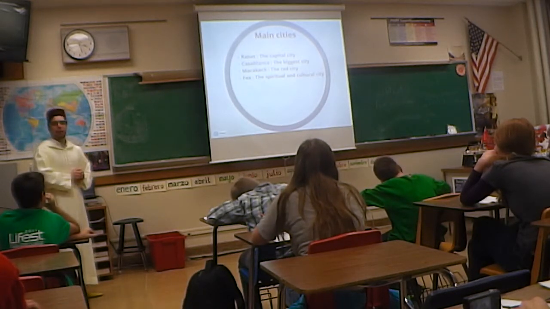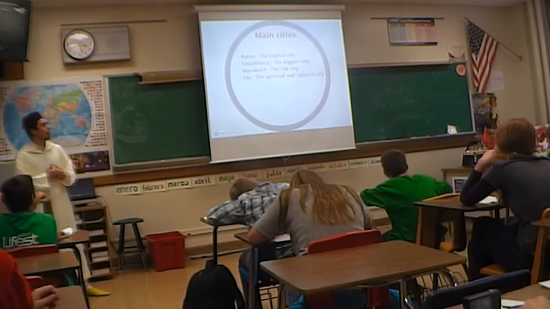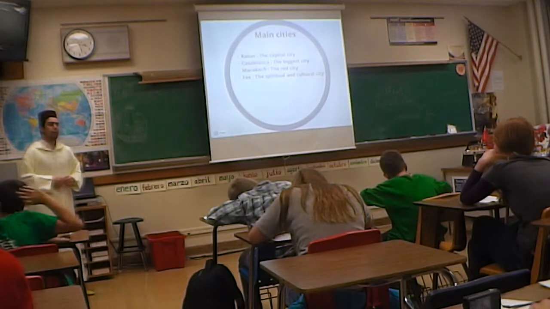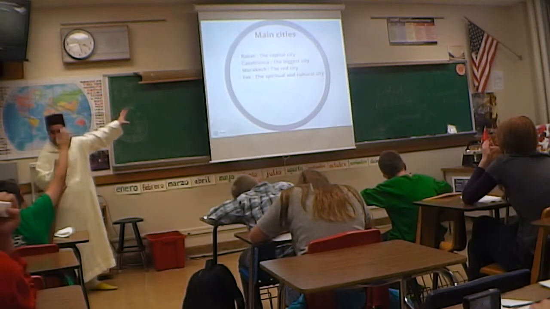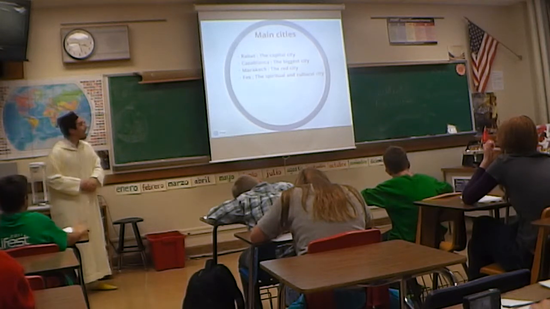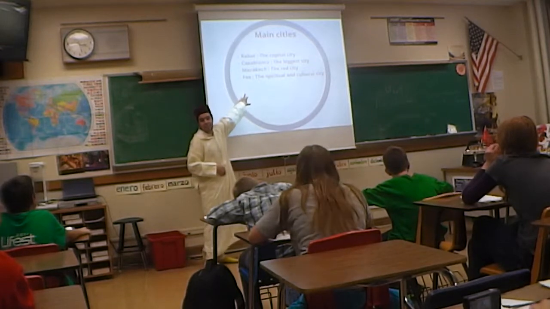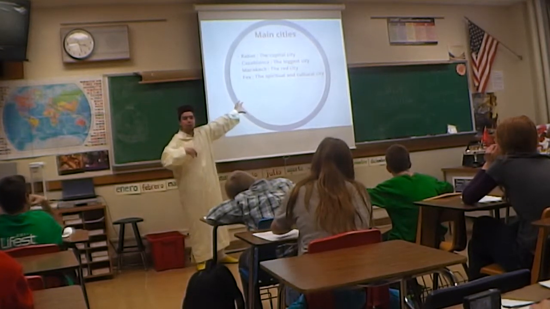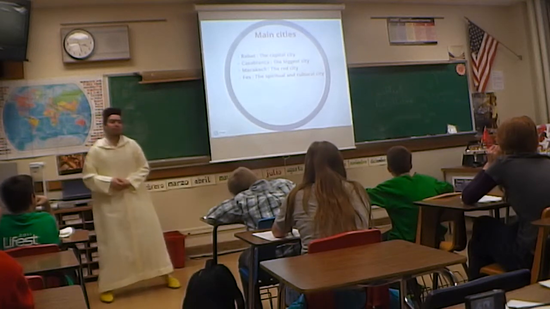I will tell you why it's called red. And Fez is called the spiritual and cultural city. I'm going to show you some monuments from each city. Where are you from? My home city actually is near Fez. It's not in Fez, but the nearest city is Fez.